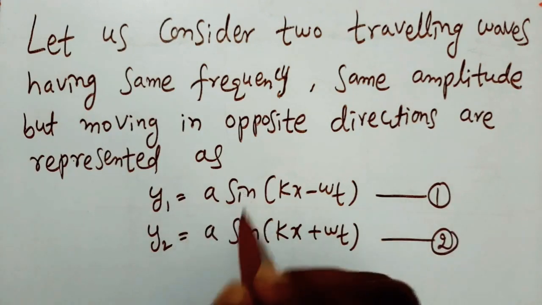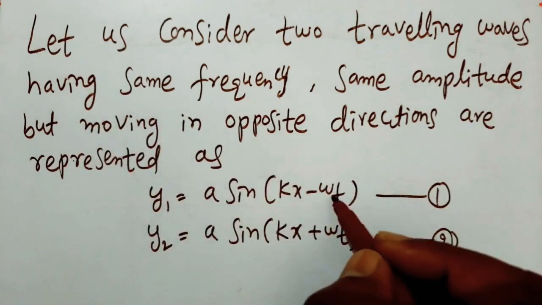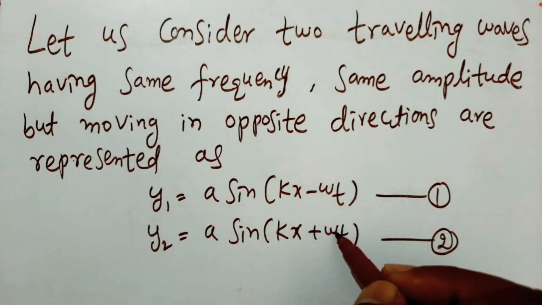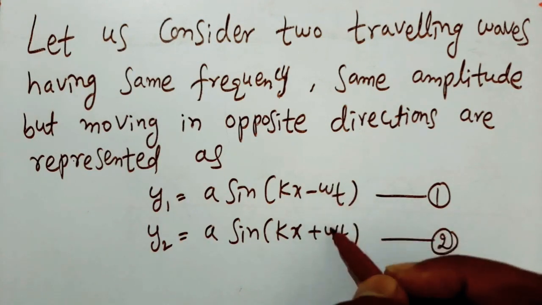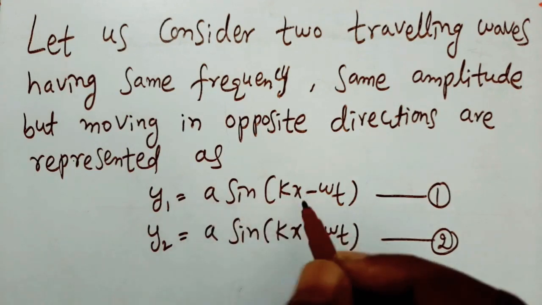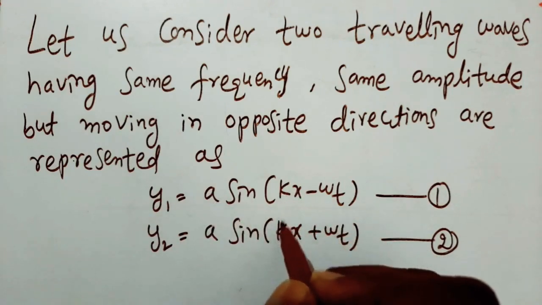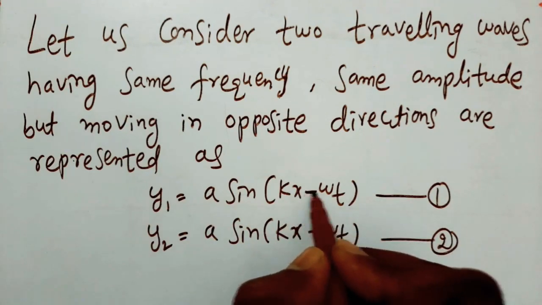Here these two waves have the same frequency, that is, here it is omega, here it is also omega. So these two traveling waves have the same frequency, same amplitude, but move in opposite directions. That is, here it is minus.